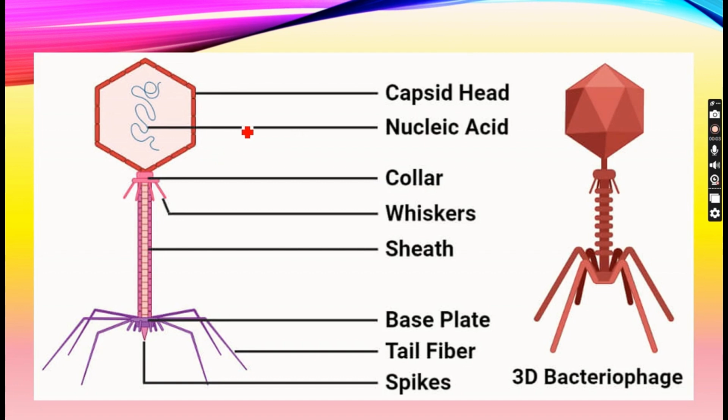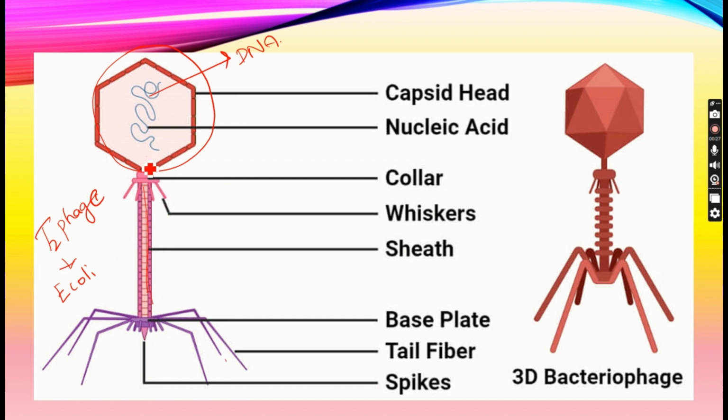Here we can find the structure of the T2 bacteriophage, which can cause pathogenicity to the E. coli bacteria. It has a protein core, DNA, a collar, and a tail fiber.